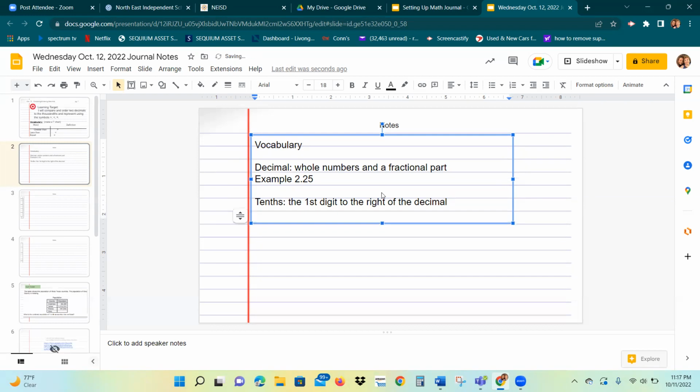And we also know that it is 1 out of 10 equal parts of a whole.